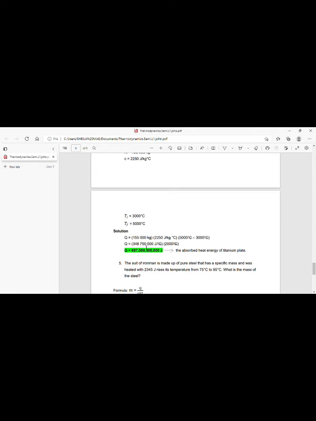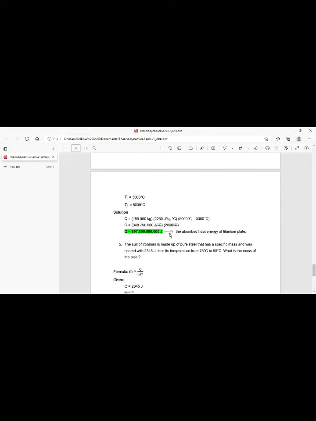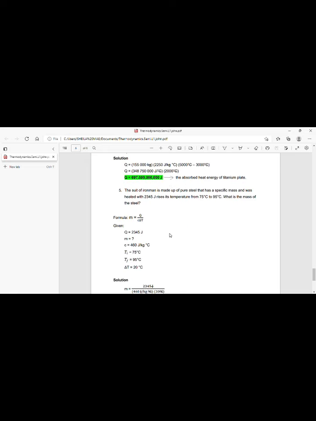Then we multiply it. Our answer here is 697 billion 500 million joules, which is the absorbed heat energy of the titanium plate. Okay, let's proceed to our problem number 5.